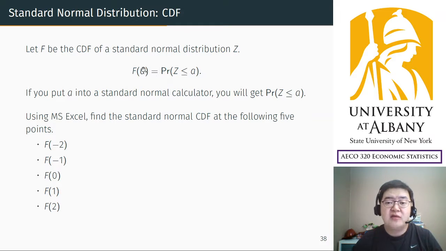And what Excel does is, if you input A, then it will return the probability that corresponds to A. So you input A, then you are going to get this probability.